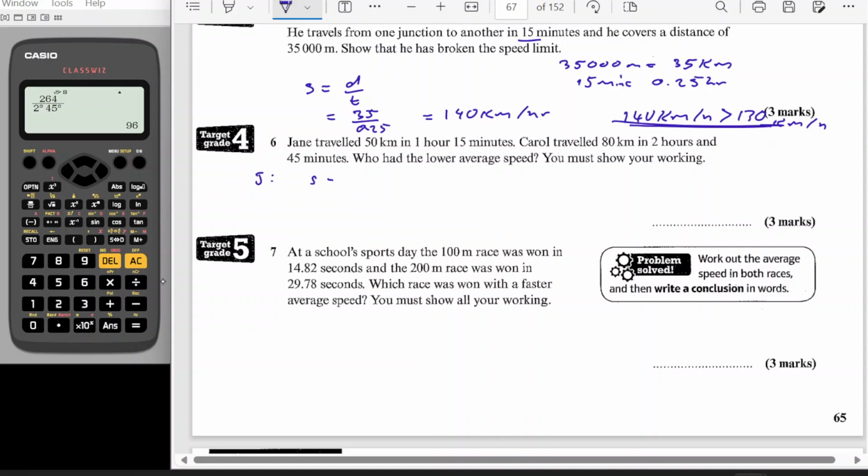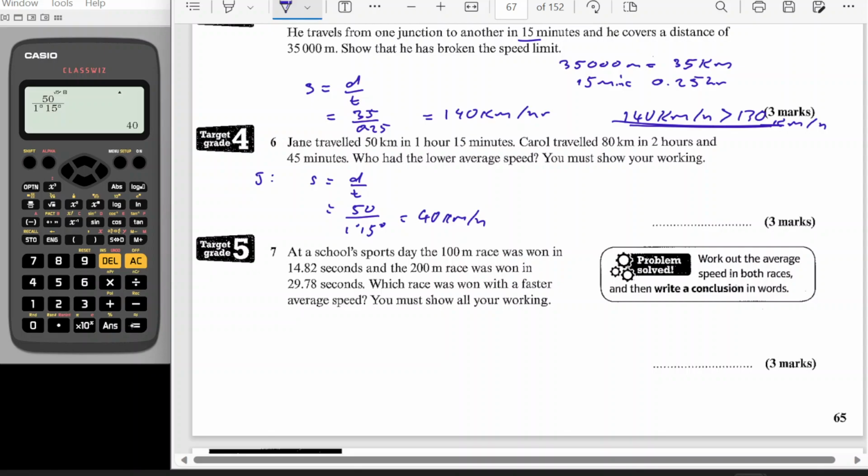Jane's speed is equal to distance divided by time, and I'm going to type it in as 50 divided by 1 hour and 15 minutes, which is going to be 40 kilometers per hour. And then I've typed that in wrong, haven't I? 2 hours. Oh no, sorry.